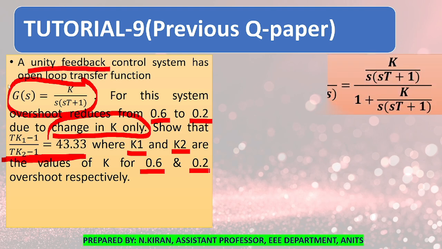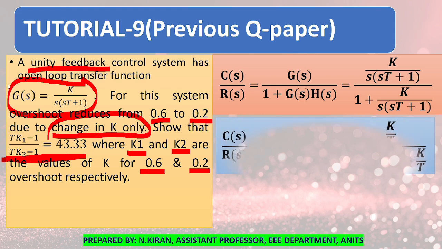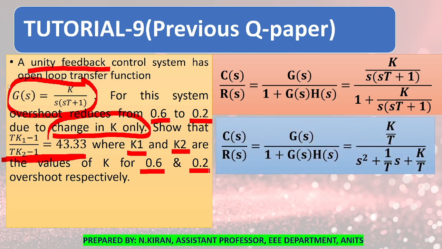Since we know the open loop transfer function, we know the expression for closed loop transfer function, that is G(s) by 1 plus G(s) H(s). For unity feedback system, H(s) is 1.